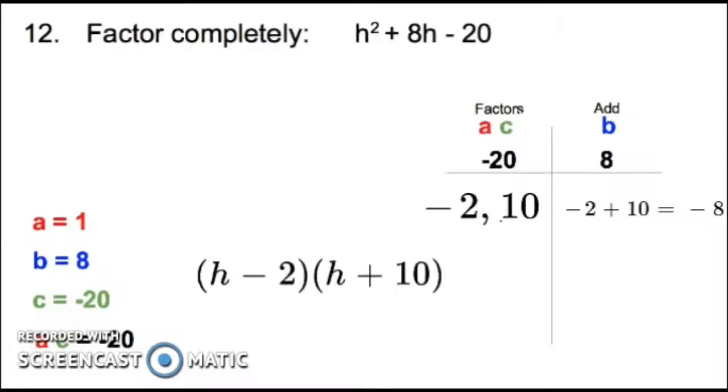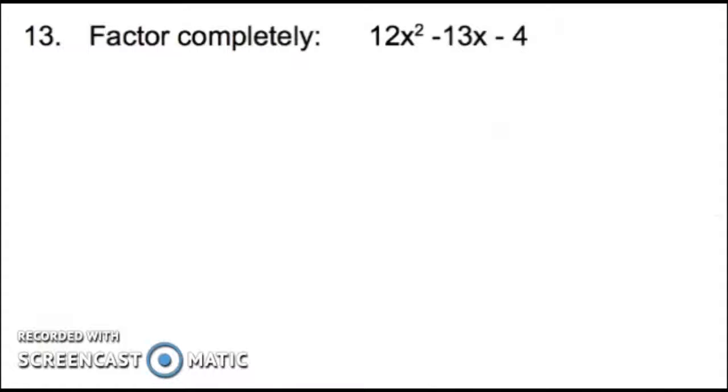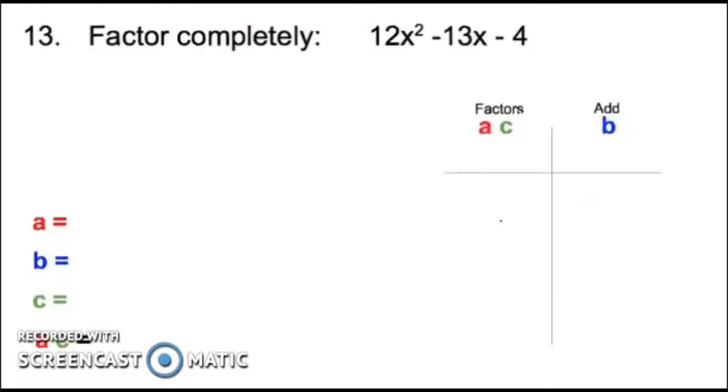All right, number 13. The first thing to always check is if there's a GCF, which there isn't, so we just write our a, b, and c. A is 12, b is negative 13, and c is negative 4. AC is negative 48. So we have negative 48 and negative 13 for AC and B. Two numbers that multiply to be negative will be one positive, one negative.